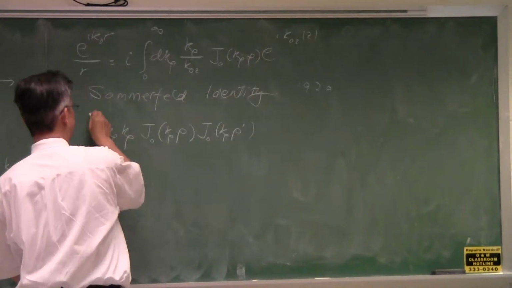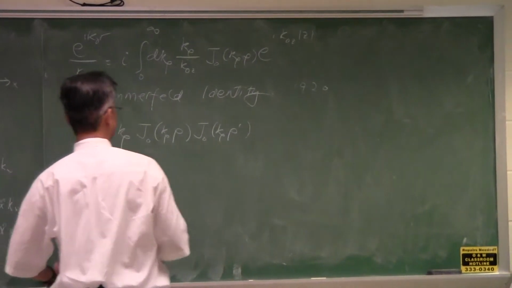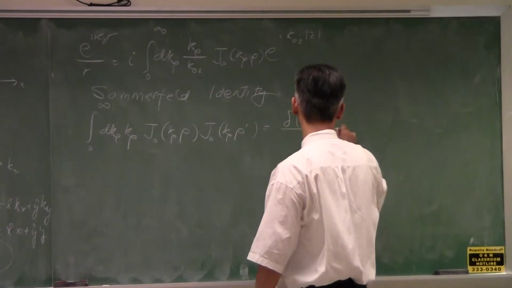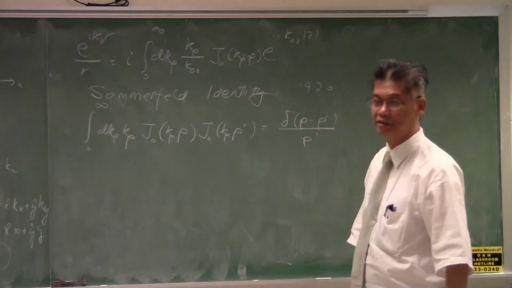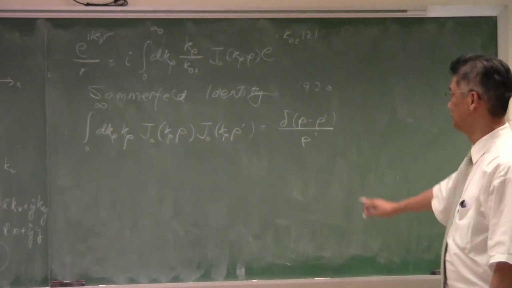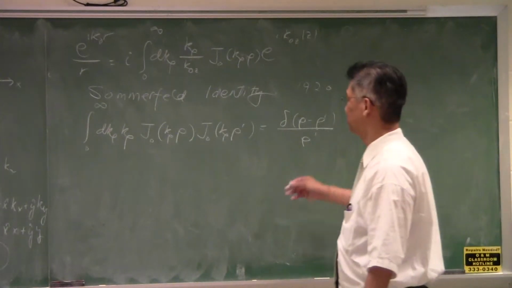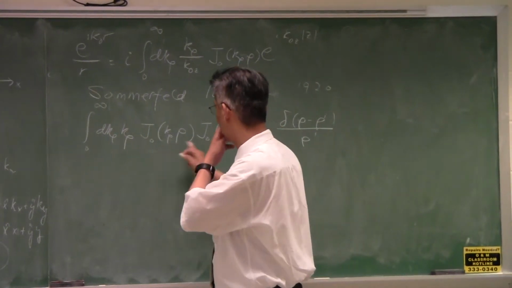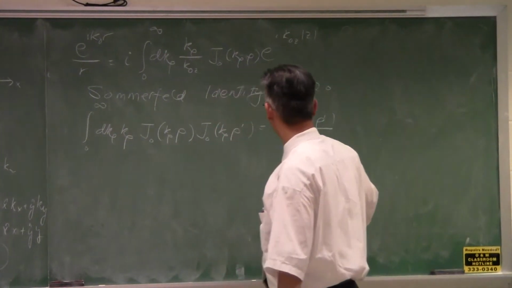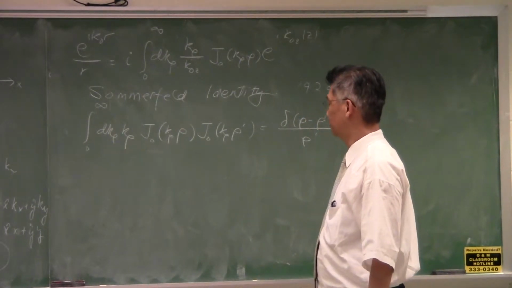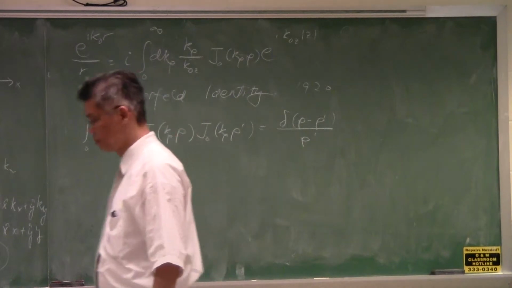It has nothing to do with the identity, just about completeness. That this is equal to delta of rho minus rho prime over rho prime. You can prove this identity for Bessel functions. It takes a bit to prove, but it can be done. We show that these functions are complete because even the delta function can be expanded in terms of them.